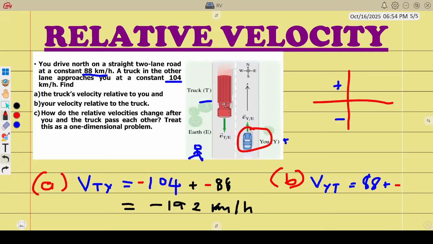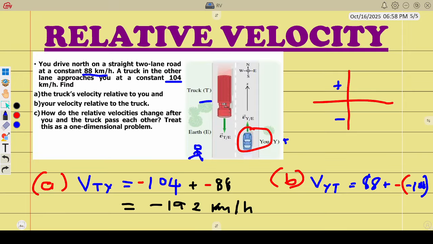So 88 minus the velocity for the truck, which we said is negative 104. Here you might be confused with the signs, so just understand it from the previous example. For you your velocity was 88, but since you are going in the opposite direction, you can put a minus.